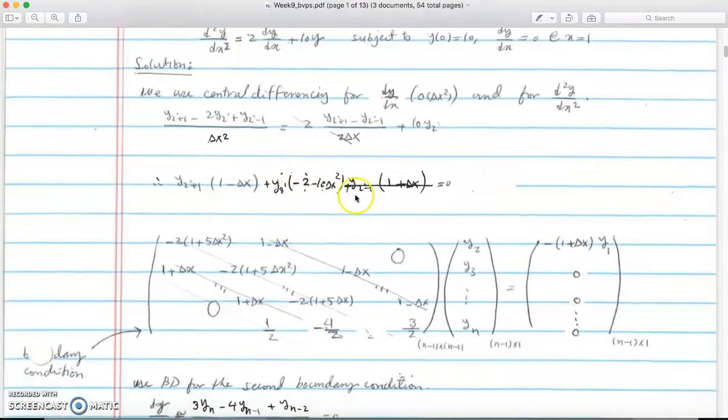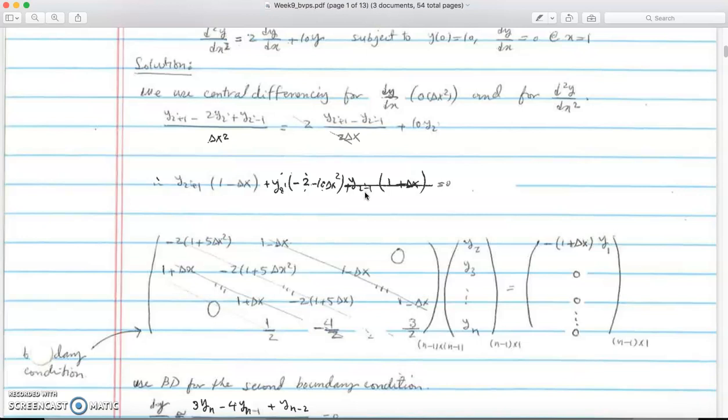Now we're going to plug in i starting from 2. If we put i equal to 2, then the minimum index is 1, where y1 corresponds to the boundary condition on the left. So y1 is the boundary condition on the left, and yn is the y value on the right.